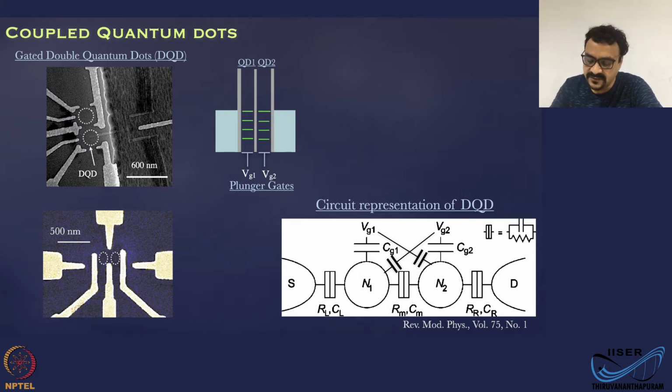For example, the Vg1 will preferentially change the electrostatic potential of this dot, whereas Vg2 will change the electrostatic potential of dot number 2. So we have dot number 1, dot number 2, and that is the terminology that we are going to use. And these gates are generally called plunger gates. Generally in the literature, they are referred to as plunger gates.